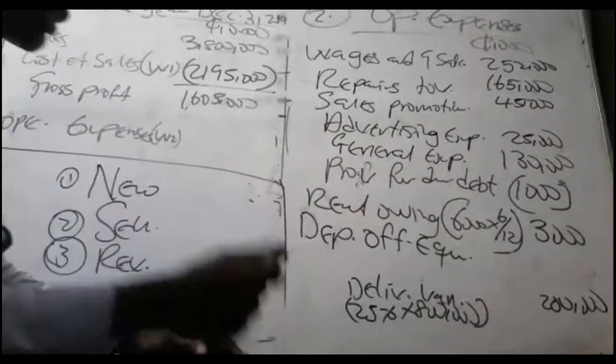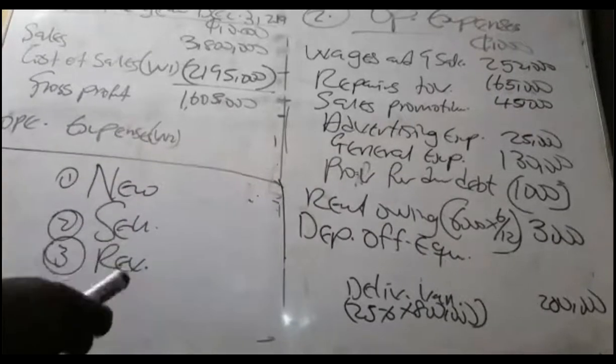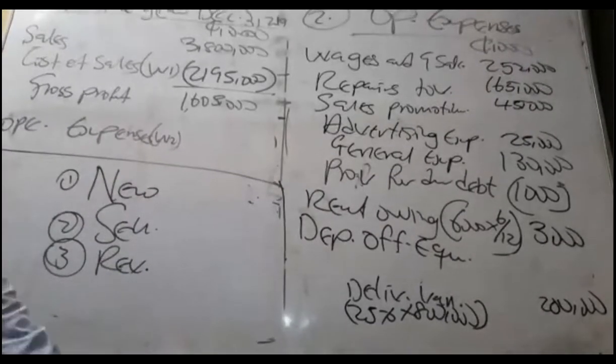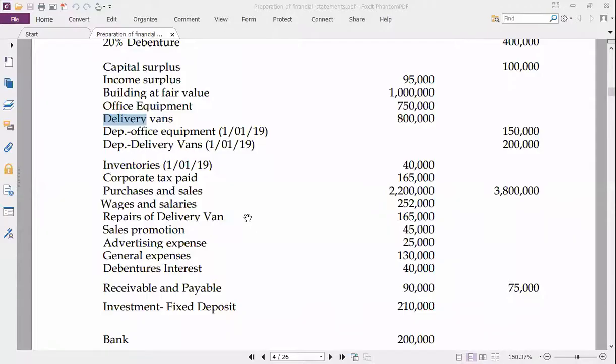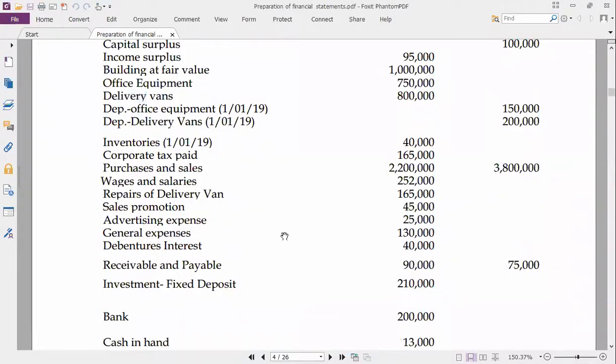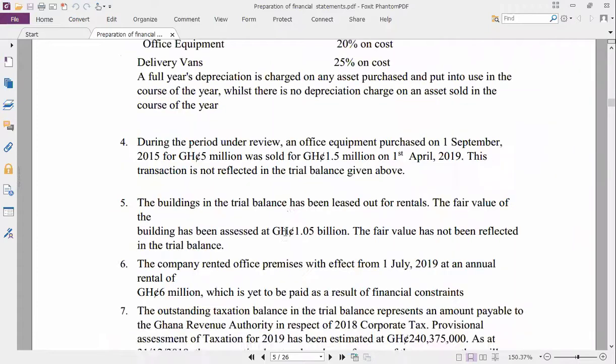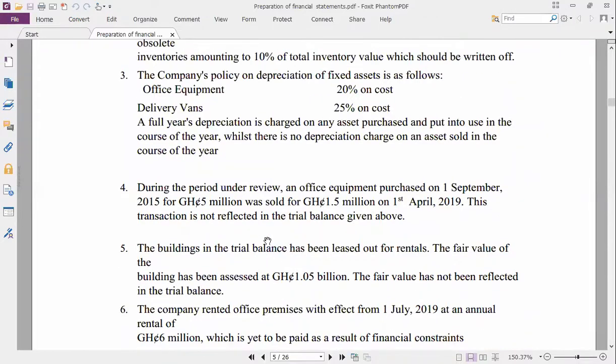Office equipment. Now let's go and face the note that they talk about. Now that note, it was the disposal. They are selling some of the office equipment. So the question is this: if you are selling some of your equipment, and he said when you are selling them, don't calculate depreciation, don't depreciate it.